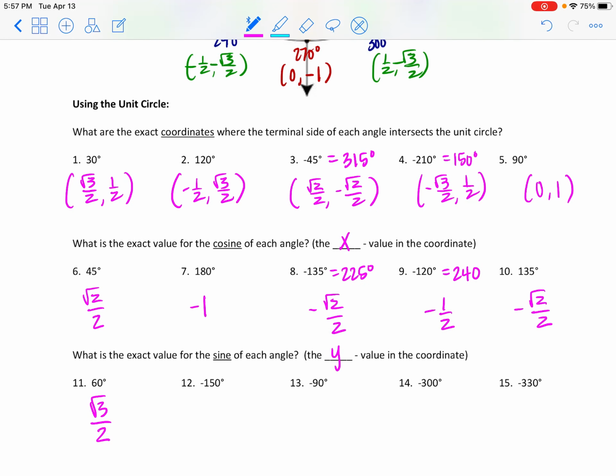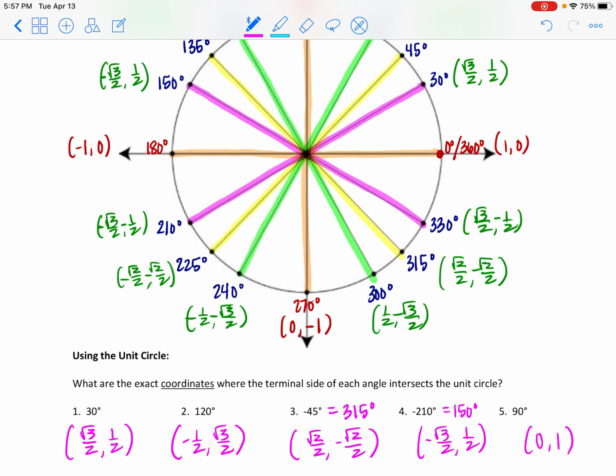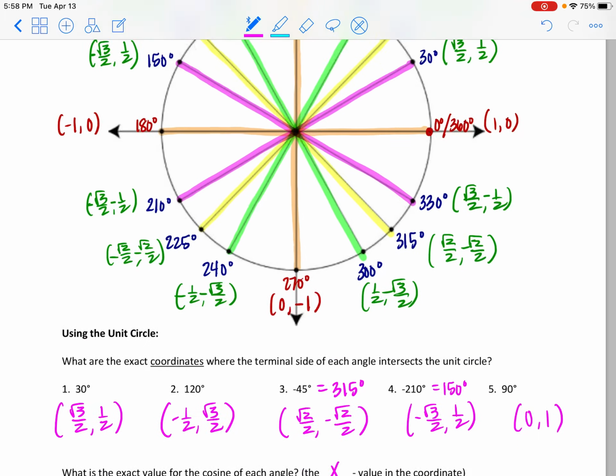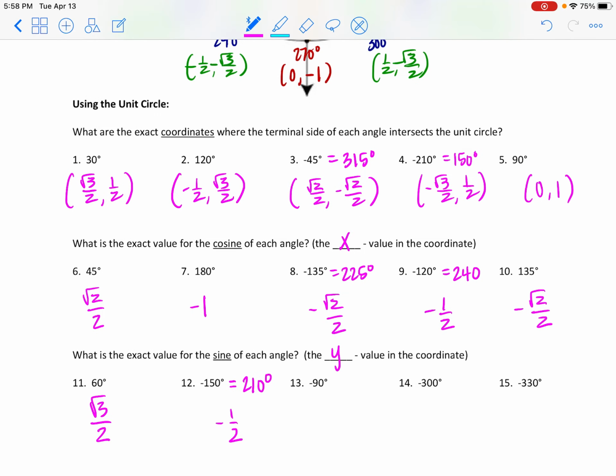Okay? Or the sine for negative 150. Well, coterminal to 150, 360 minus 150 would be 210. So 210 degrees, and the sine is a negative 1/2. And negative 90, coterminal to that would be positive 270.